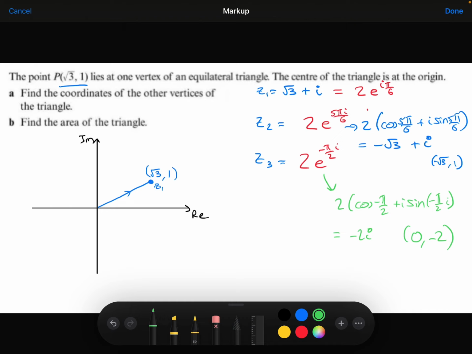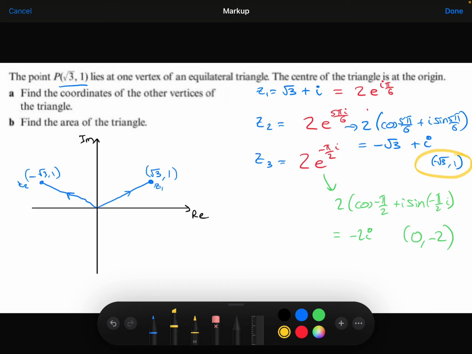So let's plot those other two points onto my Argand diagram. The coordinate minus root 3, 1 is there. That's the root corresponding to z2.